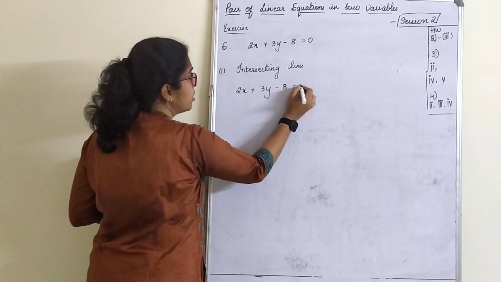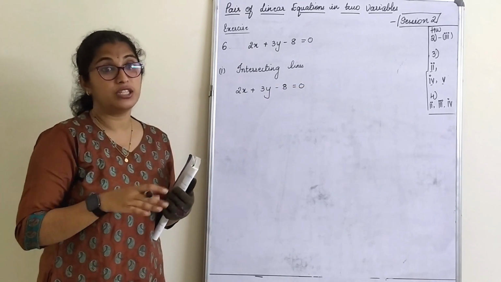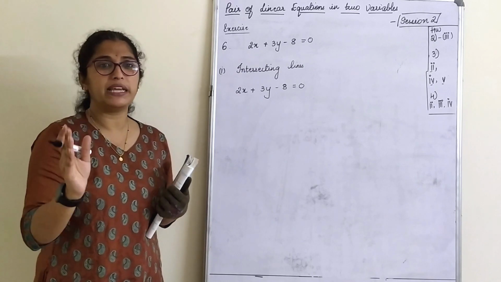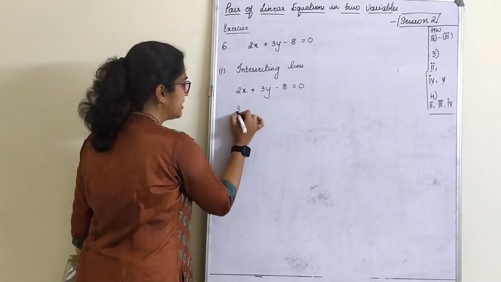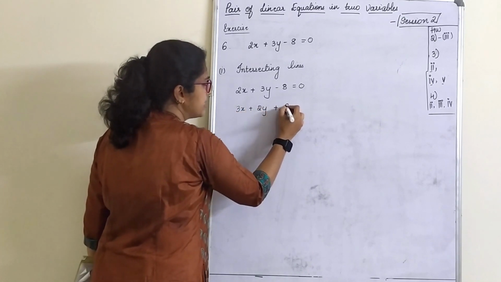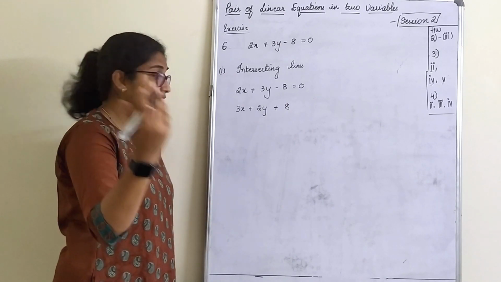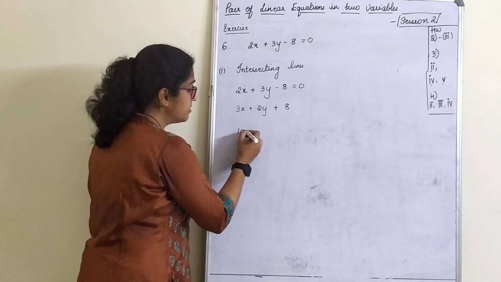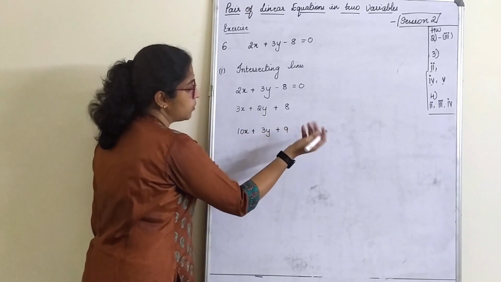2x plus 3y minus 8 is equal to 0. Now intersecting lines, what is the given condition? A1 by A2 should not be equal to B1 by B2. Keep that in your mind. So shall I write this as 3x plus 2y plus 8? Alright, it's your wish. Write this as 10x plus 3y plus 9 is equal to 0.